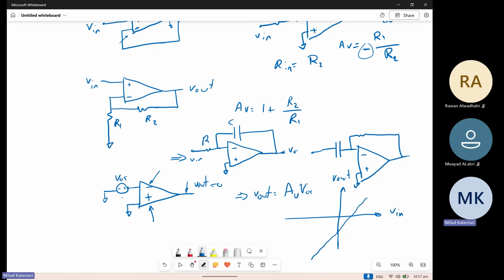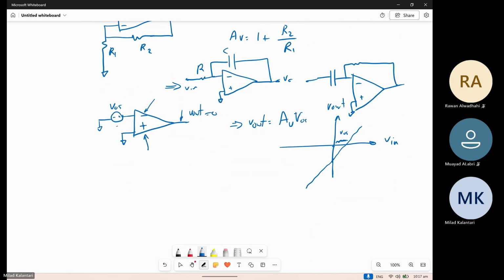So this shift from the origin is basically the offset, right?